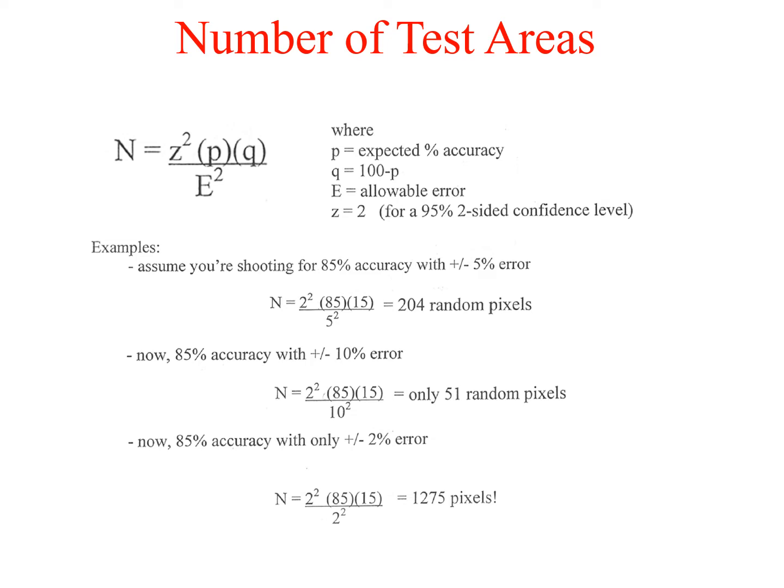So let's see how the n varies with some different assumptions. Let's assume you're shooting for an 85% accuracy, but you're willing to accept plus or minus 5% error. You run through those numbers and you need 204 randomly distributed pixels. Now, maybe you say, wow, that's a lot. I'm collecting a lot of data at each one of these plots.